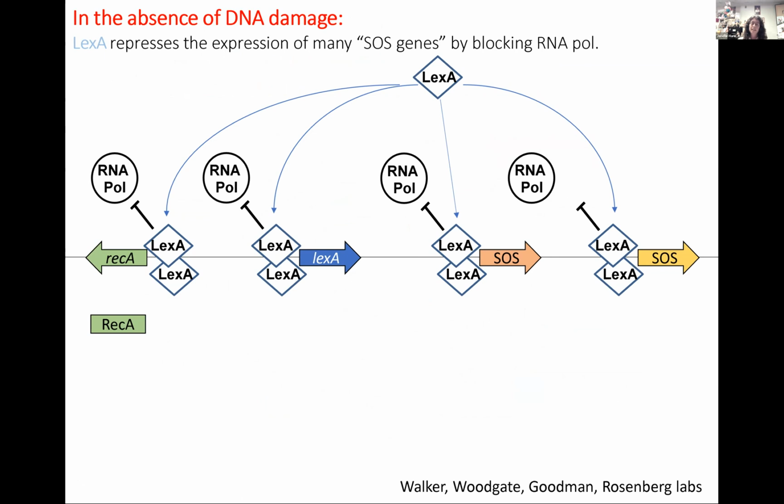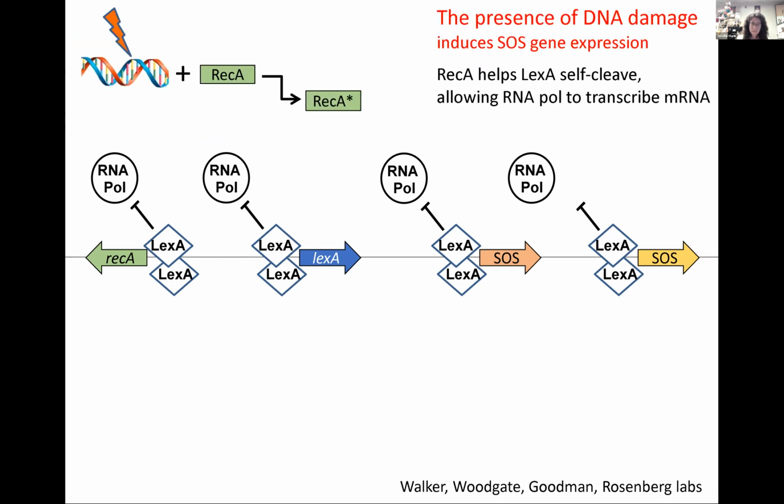So there's a protein, let's say, that forms a dimer with itself, and it binds to these target sequences in the promoters of genes called SOS boxes, and this blocks transcription of these genes, all sorts of genes, many, many tens of genes. But after DNA damage, there's usually some single-stranded DNA in the cell, and that can bind to a protein called RecA, which then changes its conformation.